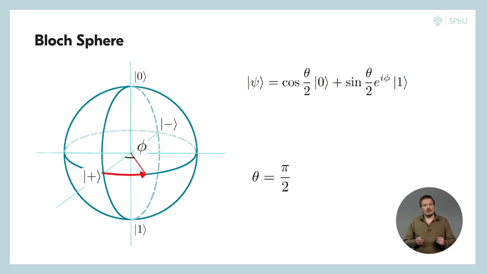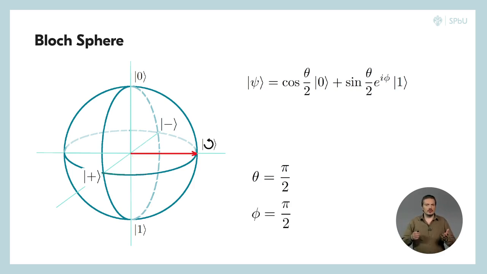Up to now, we considered the states with 0 longitude, where the angle phi is 0. Let's see what happens if we increment phi. And now let's start from the state plus, because there's no sense to increase the longitude on the pole of the sphere.